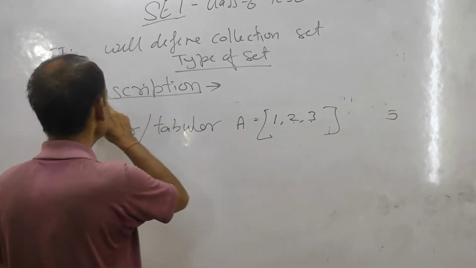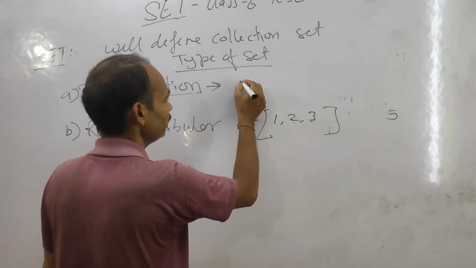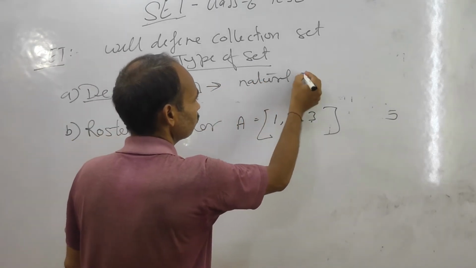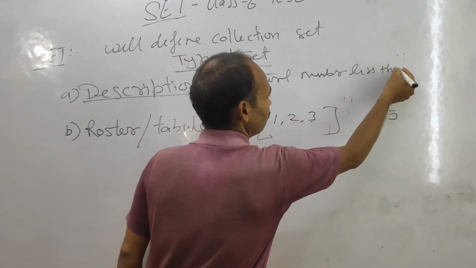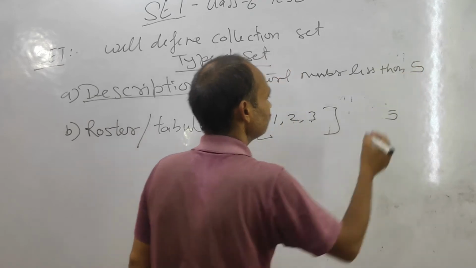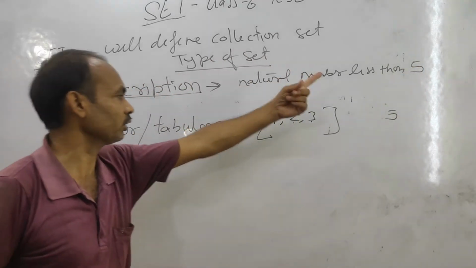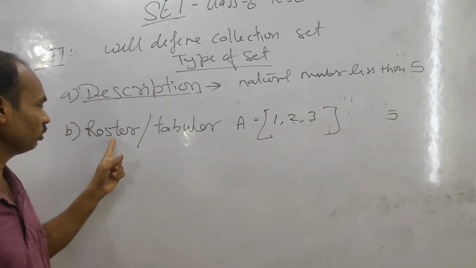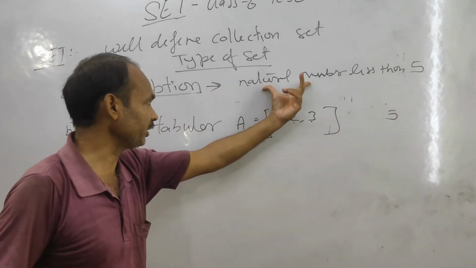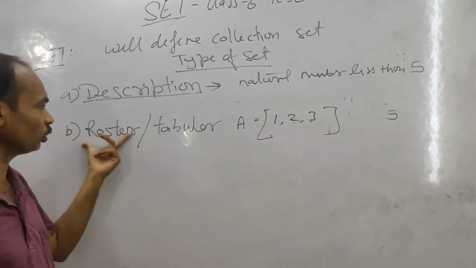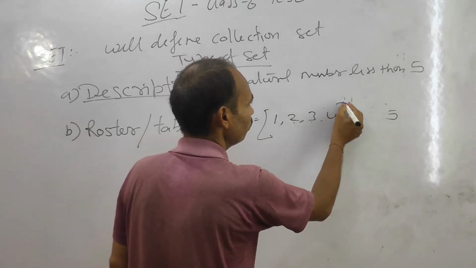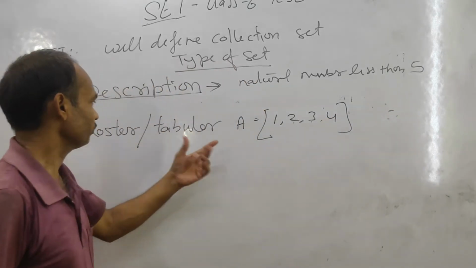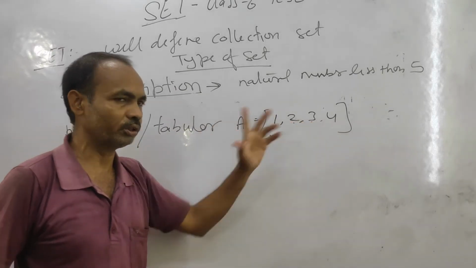If in description it is natural numbers less than 5, this is the description method, and if you write this criteria, this definition, in roster or tabular form, then you can write it as 1, 2, 3, 4. This is known as the roster or tabular method.